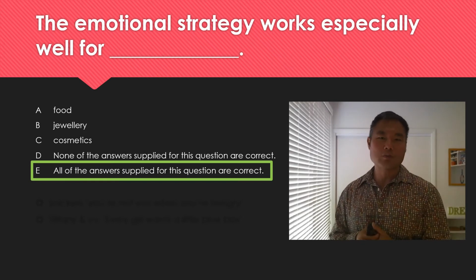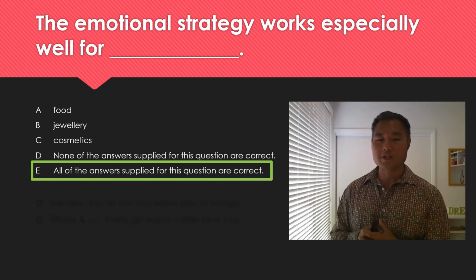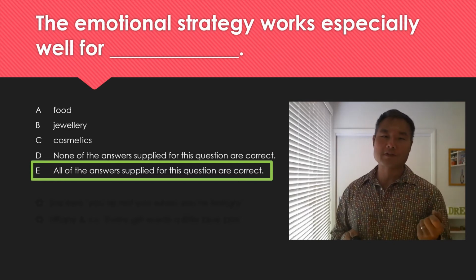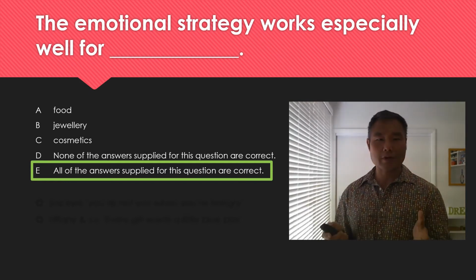A side note in terms of multi-choice, you'll notice that the question below, all of the answers supplied for this question are correct, is the right choice. And in a previous lecture, I mentioned how you should not overthink multiple choice questions. And this is a great example here.